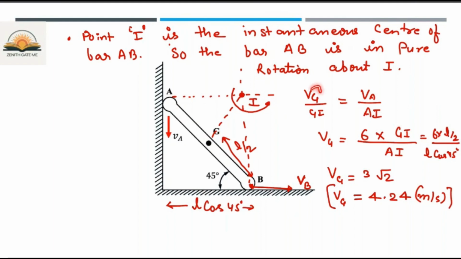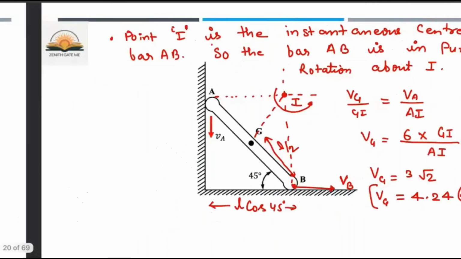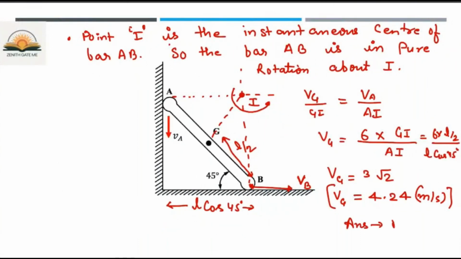If you see, this is nothing but V divided by R, which is omega. This is also V divided by R only, because AI is the distance. If you observe this particular relation, V divided by R will be constant, because it is completely in rotation. So the correct answer for this question is 4.24. Let me check. Yes, they have mentioned round off to 2 decimal places. So the answer will be 4.24.